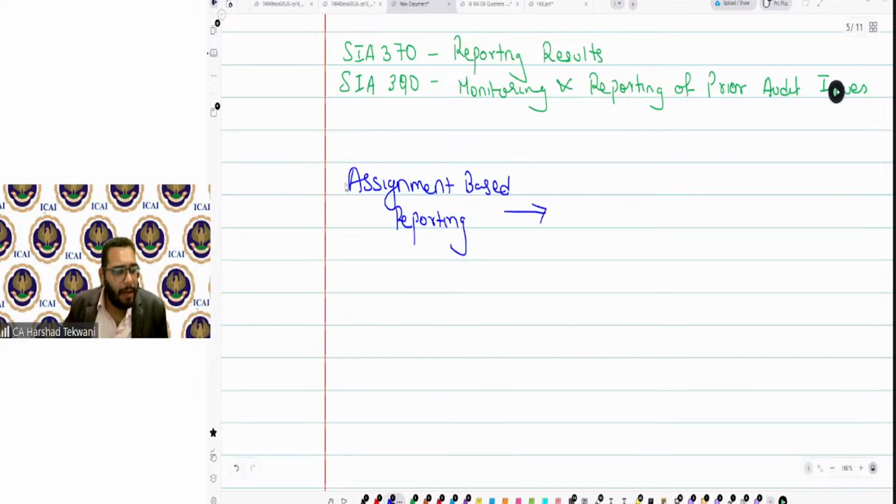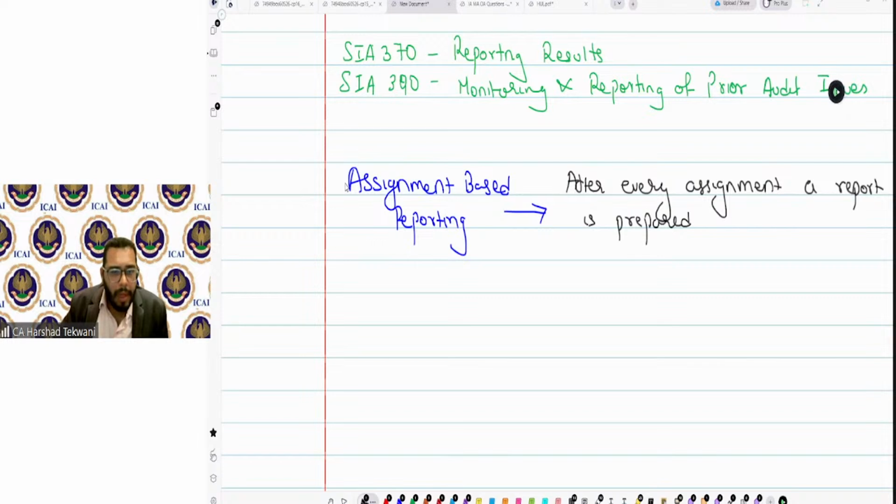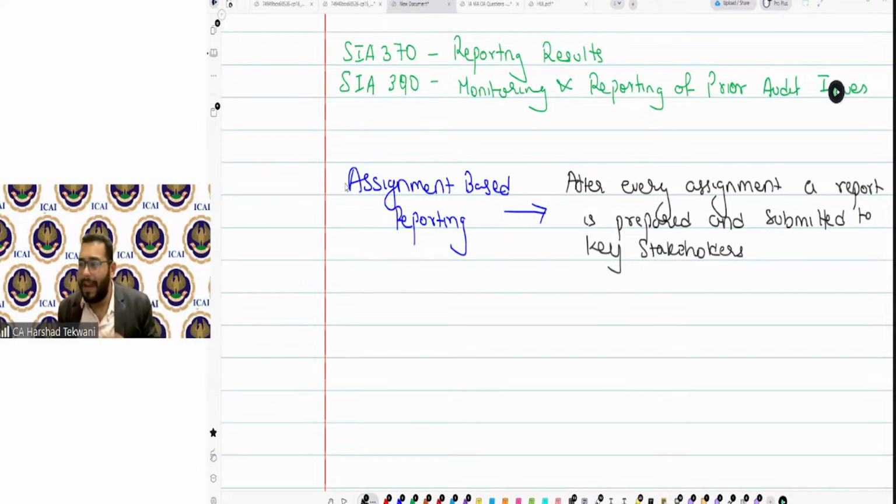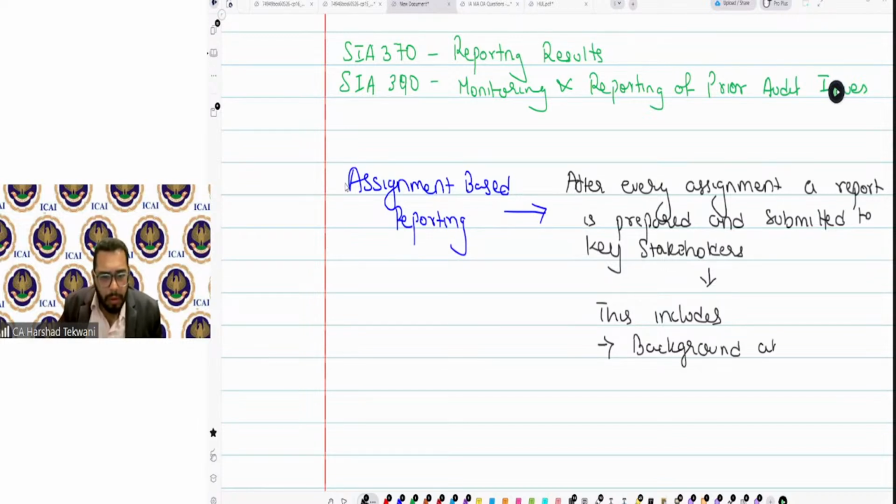So after every assignment, a report is prepared and submitted to key stakeholders. This includes the background about the assignment and the observations identified.